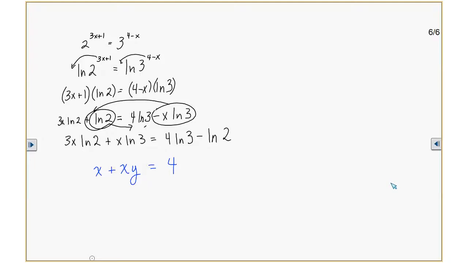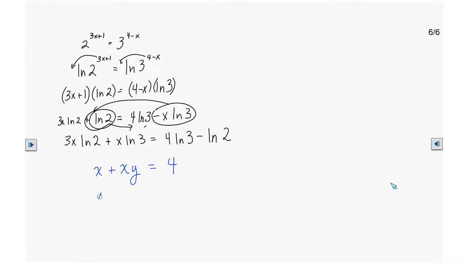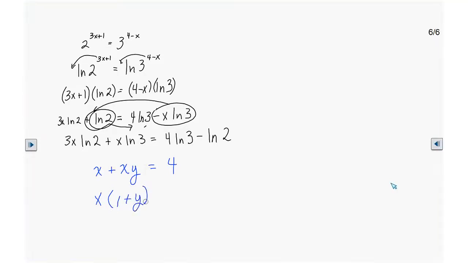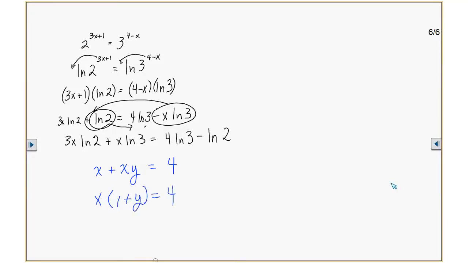So when you have something in common, you need to what? What do you do if you have something in common and you're solving for that something? Factor it out.